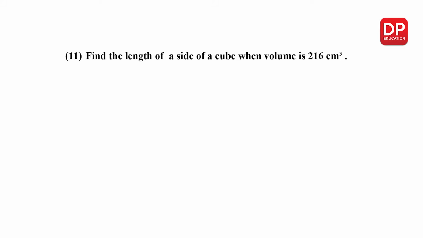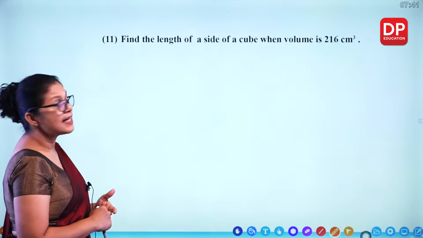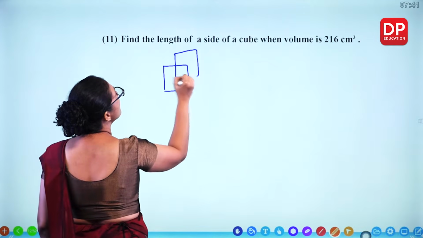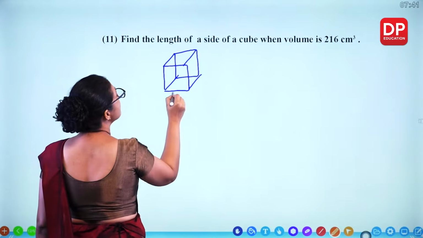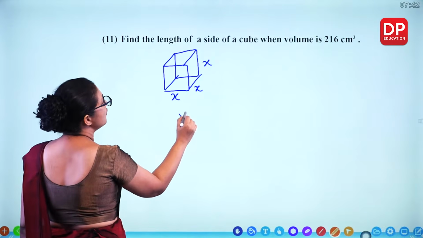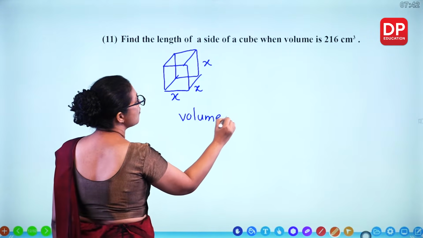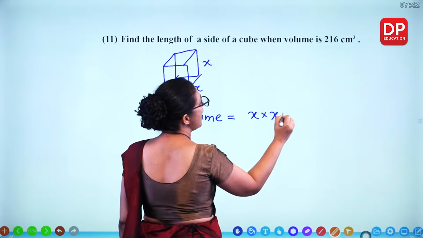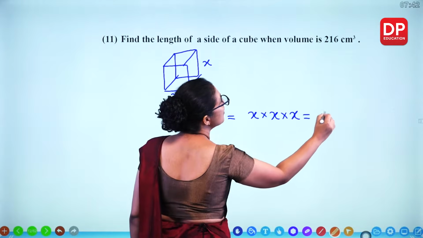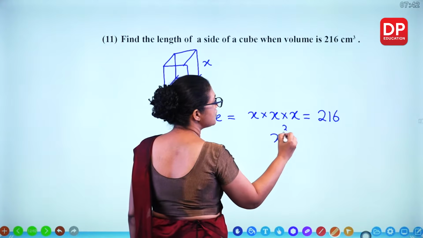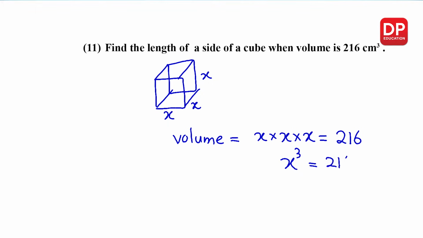Find the length of a side of a cube when the volume is 216. So this is a cube again. So all sides are equal. We'll take X. Volume of this cube is X into X into X. That's equal to 216. This is X to the power 3 is 216.